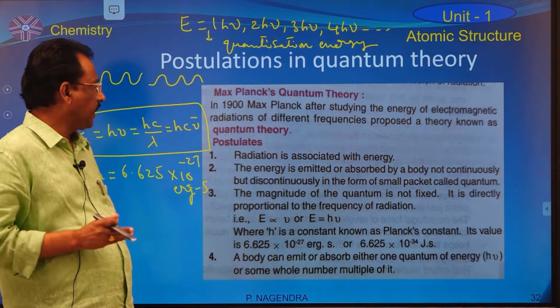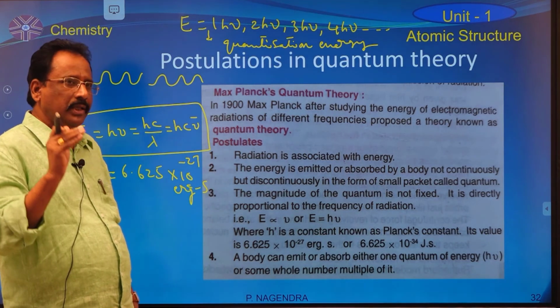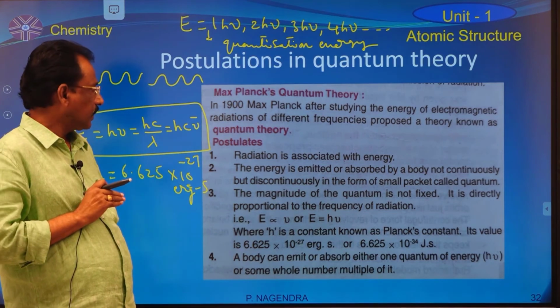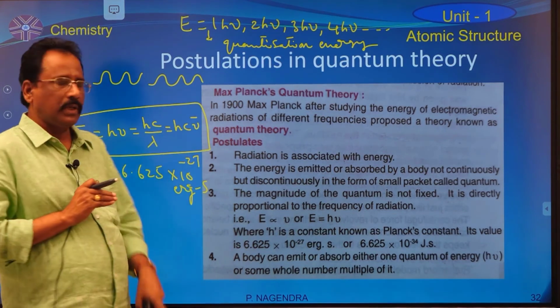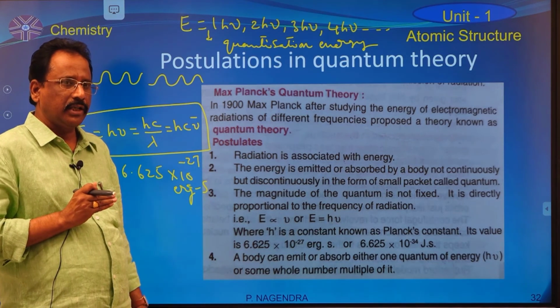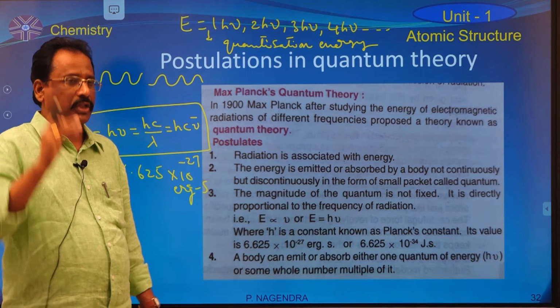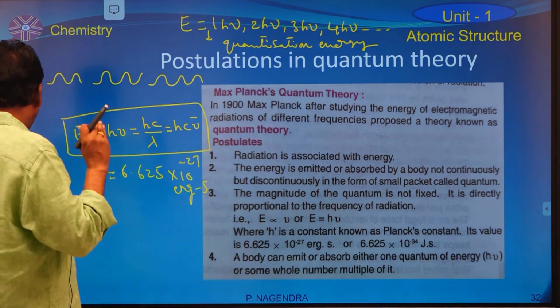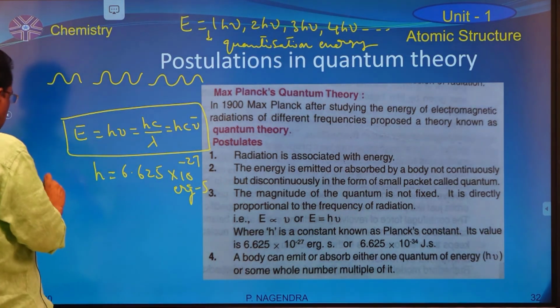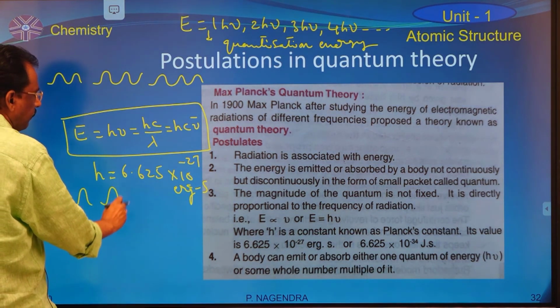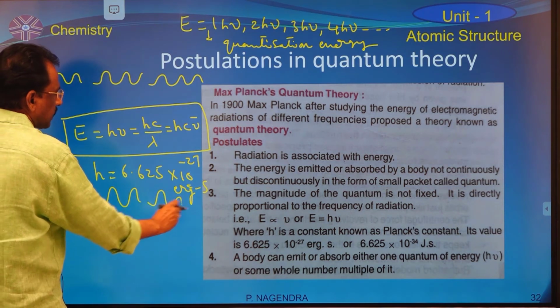So the final point is that quantum theory successfully explains black body radiation. The same concept is applied to any type of electromagnetic radiation by Einstein. According to Einstein, both the emission and the propagation of the radiation are in the form of bundles like this.